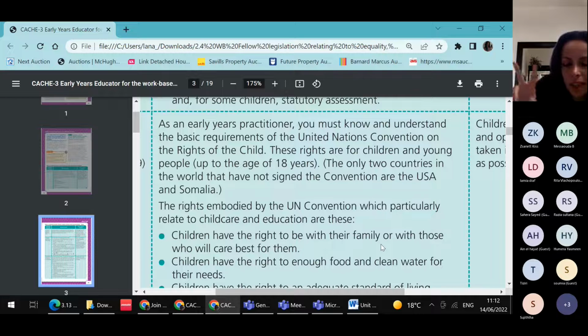There are only two countries in the world that have not signed the United Nations Convention, which are the USA and Somalia. Because we live in the UK, we have to follow this.